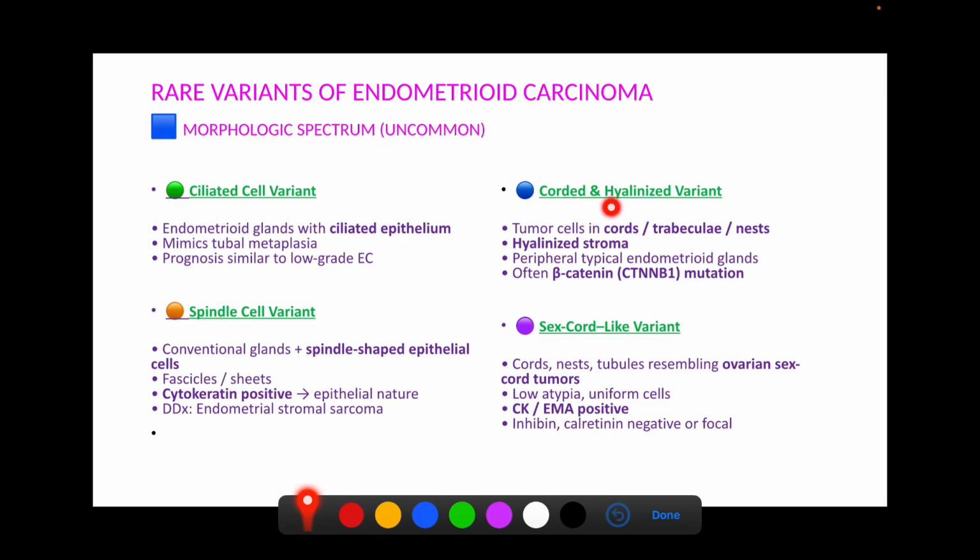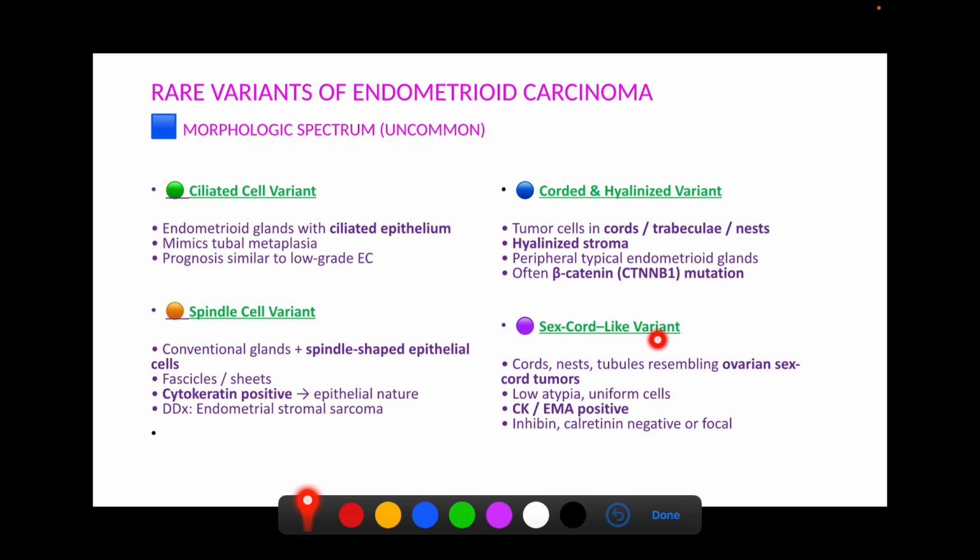Third variety is the corded or hyalinized variant, where there are cords or trabeculae or nests present with hyalinized stroma. Peripherally, typical endometrioid glands are present, and it is often beta catenin or CTNNB1 mutation associated.